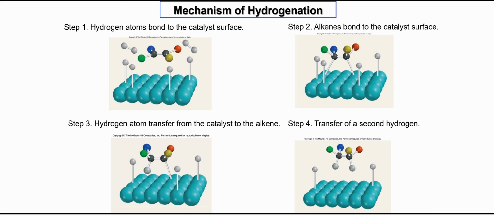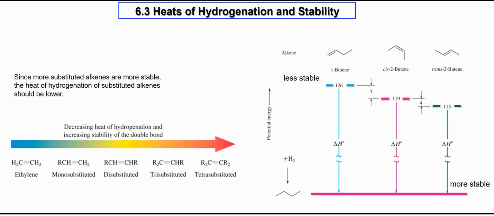In this case, you can see that due to the surface attraction, the hydrogen atoms are going to be bonded to the carbon double bonds from the same side. You call it a syn addition. And then you may have another question: which kind of alkene has the highest reaction rate?